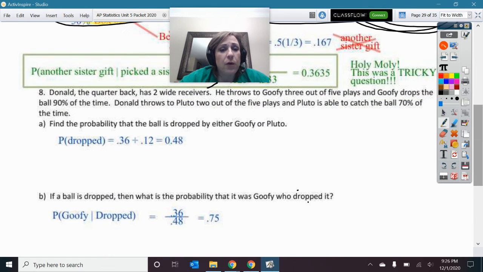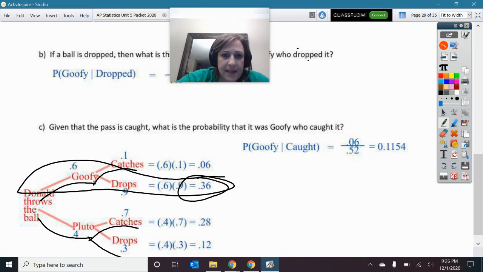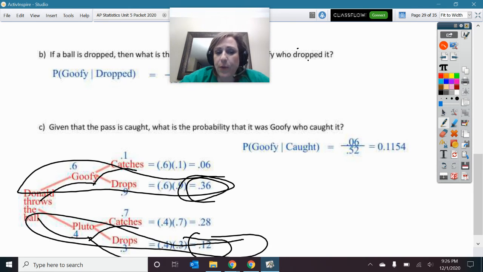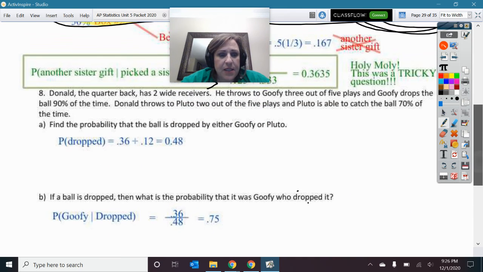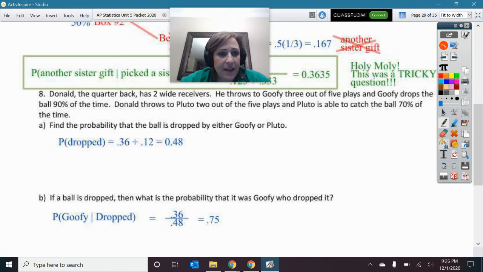So overall, find the probability that it is dropped by either Goofy or Pluto. So that is this plus this. Okay, so that's how we had to do that. That 0.36 plus that 0.12. All right. Now, next it says, given that, or if a ball is dropped, so that is your given that it is dropped, then what's the probability that Goofy is the one who dropped it?